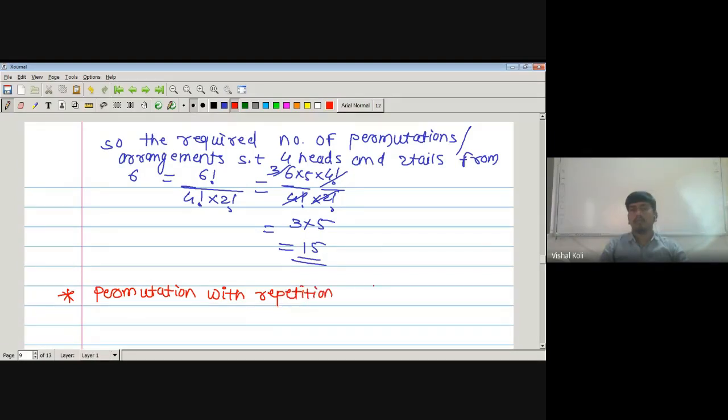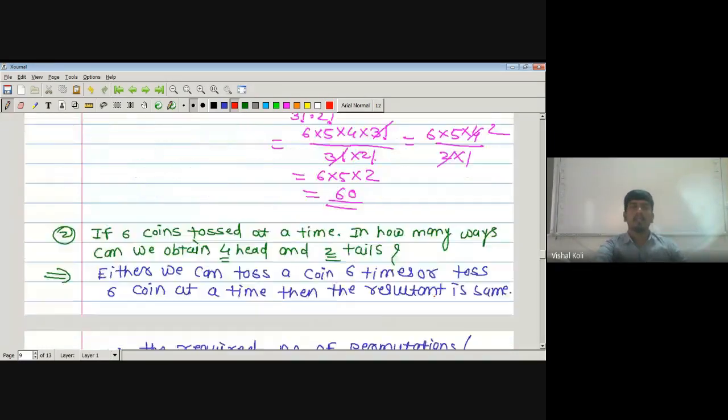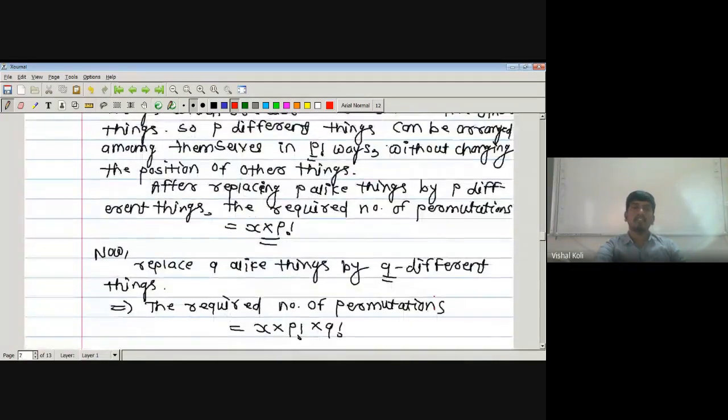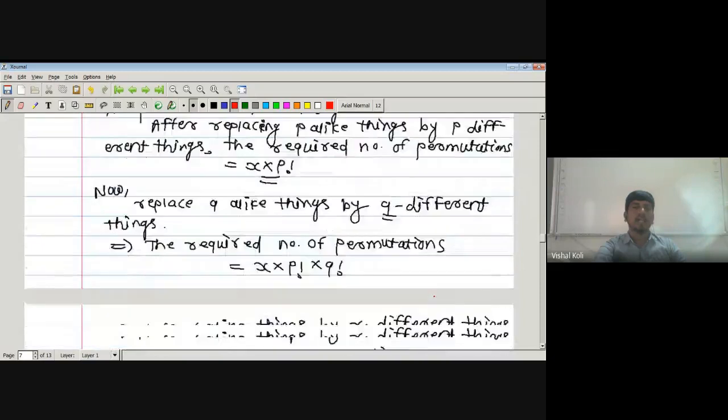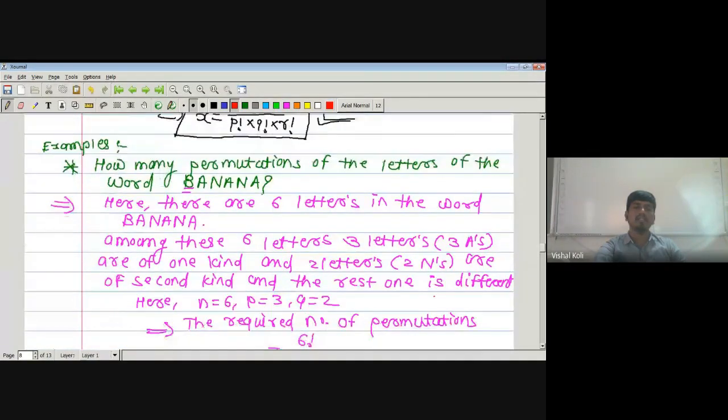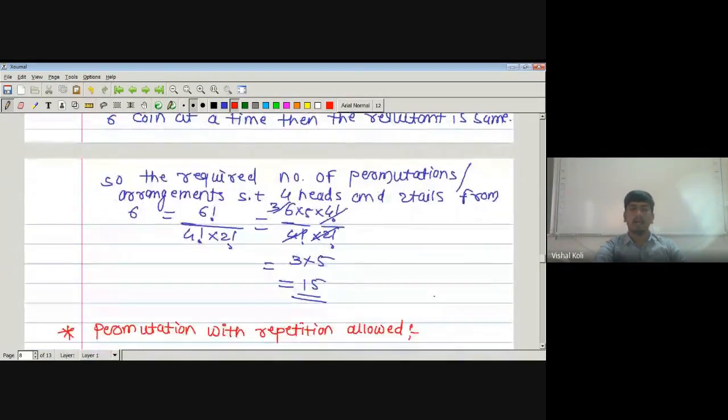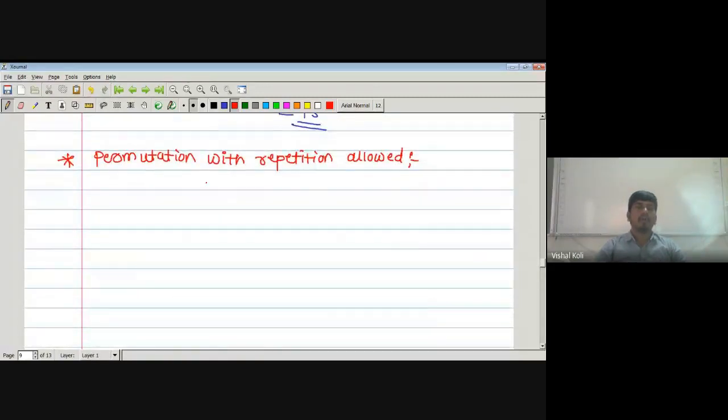In the last method we have seen the permutations of things not all different, and now we have to see the permutations of things when repetition is allowed.